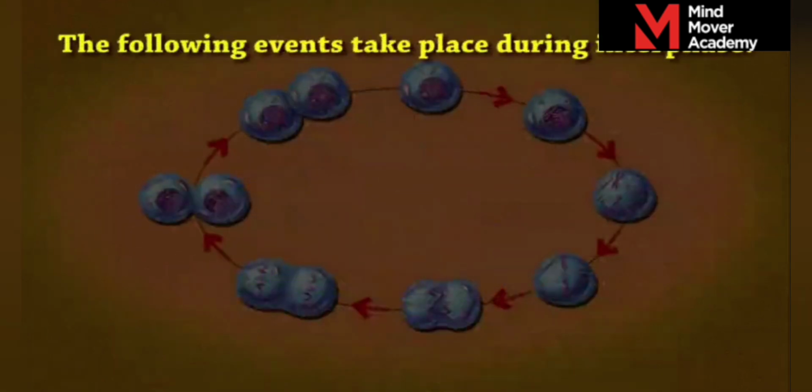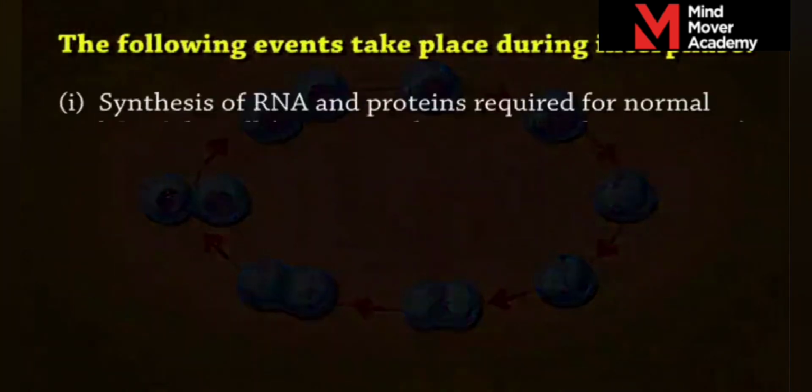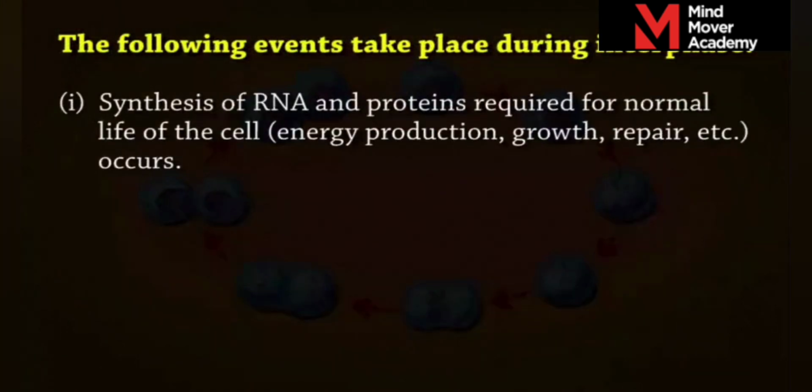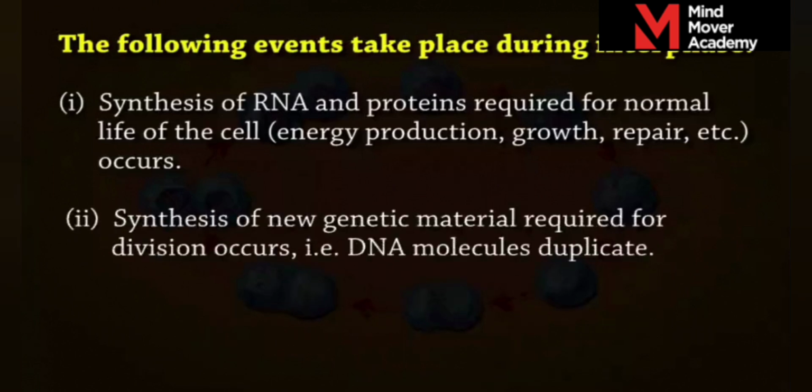The following events take place during interphase. 1. Synthesis of RNA and proteins required for normal life of the cell, that is, energy production, growth, repair, etc. occurs. 2.